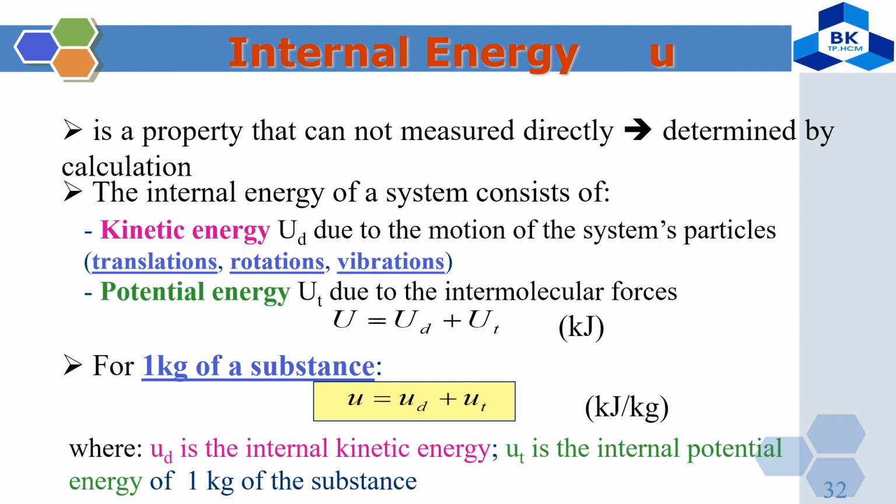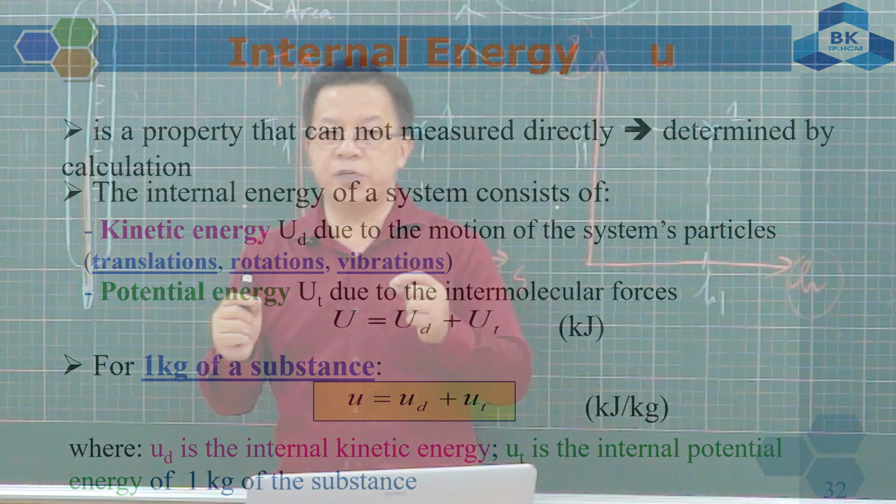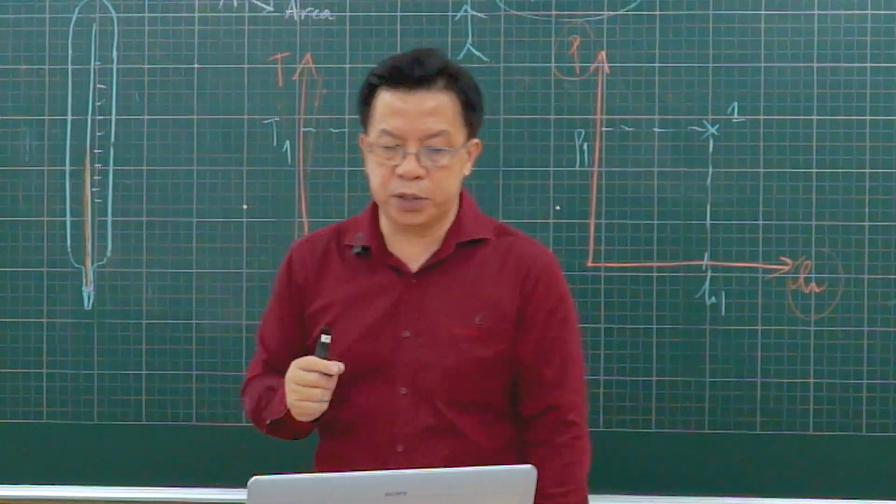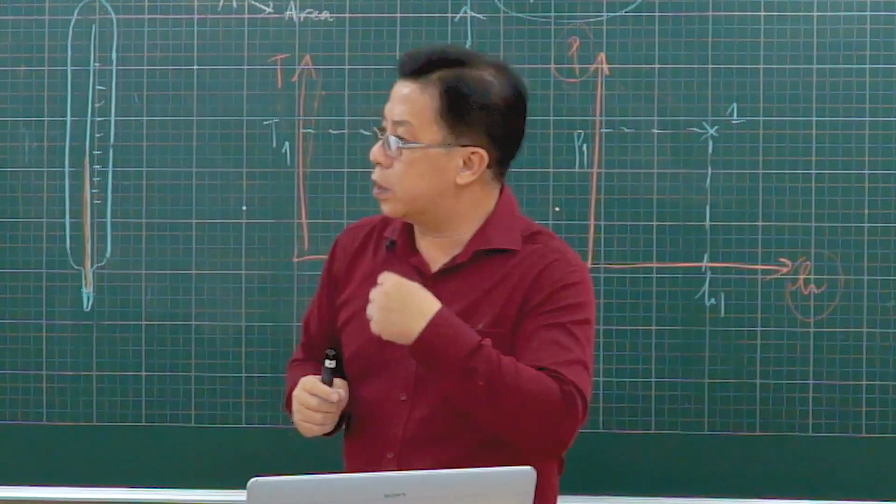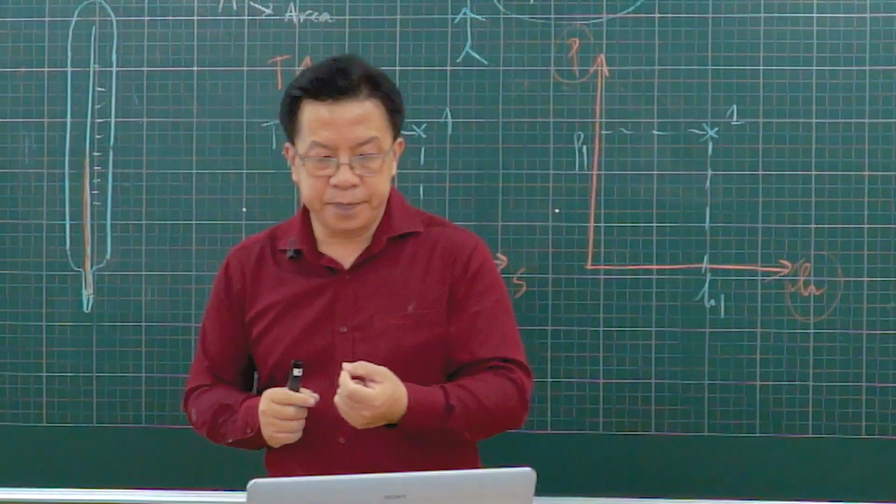Okay, the internal energy of a system consists of the kinetic energy and the potential energy. The kinetic energy is due to the motion of the system particles, for example, the translation, the rotation, or the vibration of the particles. It will produce kinetic energy.